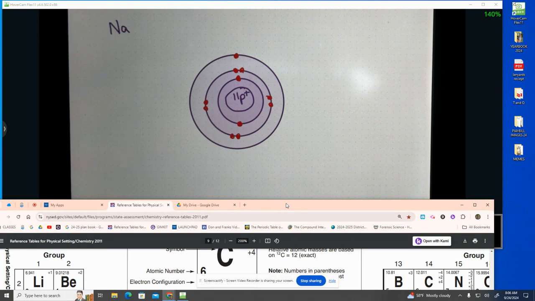Now, what is every atom's goal? To have how many electrons in their valence shell? 8. It's called a complete octet. Octet meaning 8. All right, so now let's look at sodium, and you tell me what you think is going to happen here. Sodium has 1 electron in its valence shell.